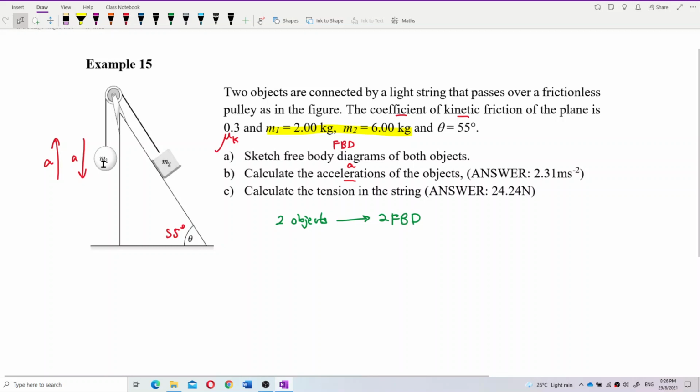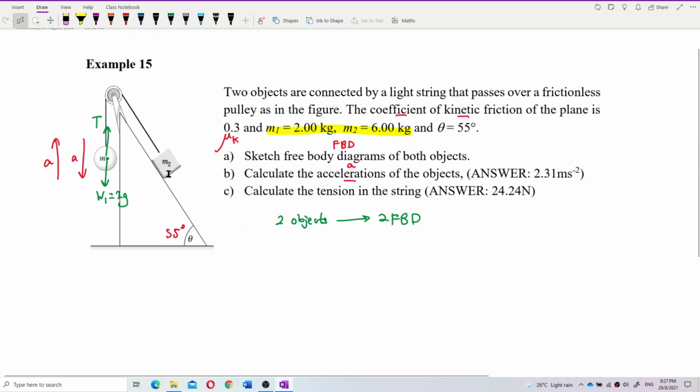Just now we already got the weight. Mass 1 has weight 1, which is 2g, and it has the tension. Don't bother about the acceleration going up or down first. Find out what forces are on the block first.